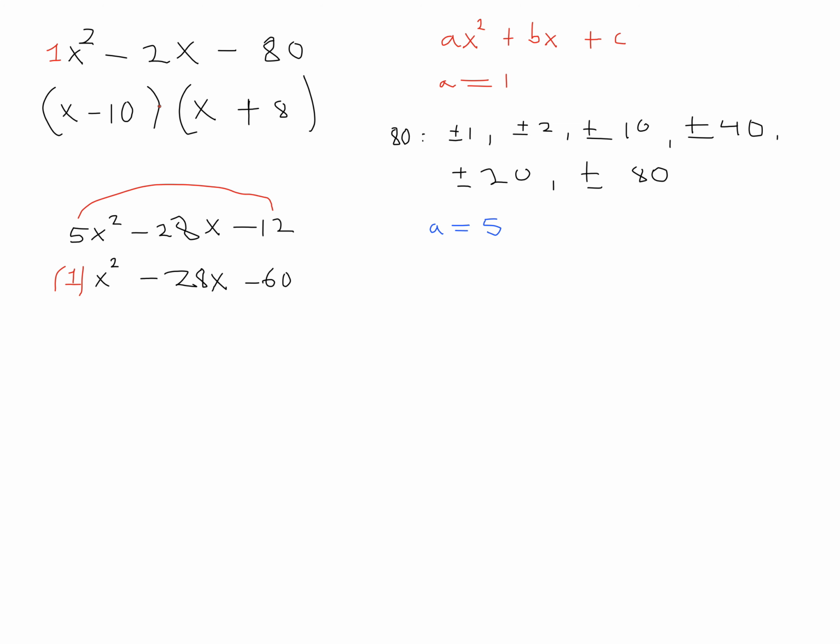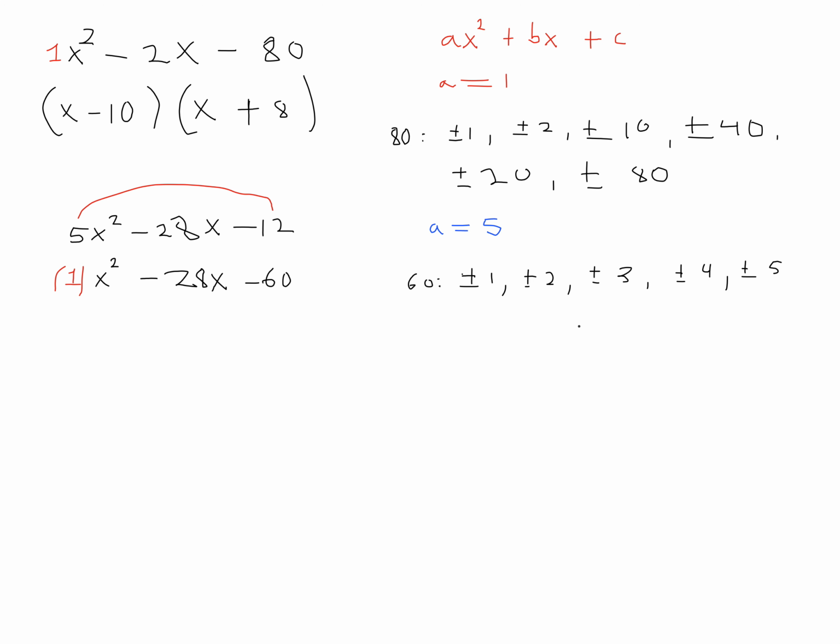It's very important that you list out all the multiples of negative 60. So the multiples of 60 are plus and minus 1. By saying plus and minus 1, I mean it could be either negative or positive. That's just the easiest way to write it. Plus or minus 2. Oh, this number has many multiples. Plus or minus 3, plus or minus 4, plus or minus 5.